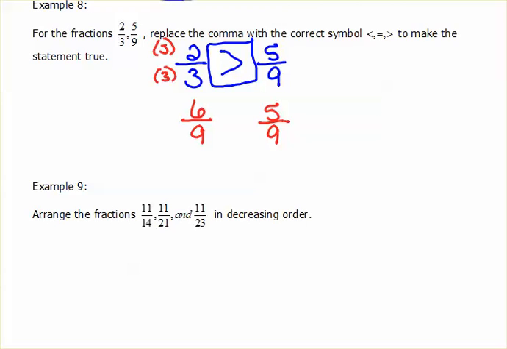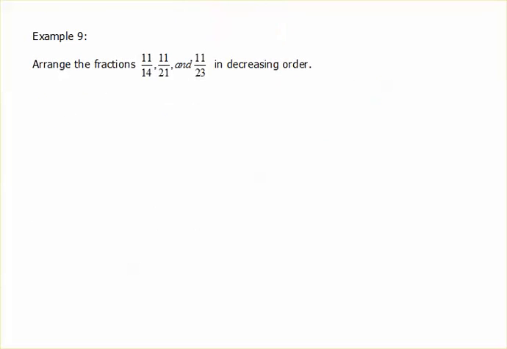Alright, and then our last example here is arrange the fractions 11/14, 11/21, and 11/23 in decreasing order. So we want to know which one of these is bigger, and then write the next one, and then the smallest one last.